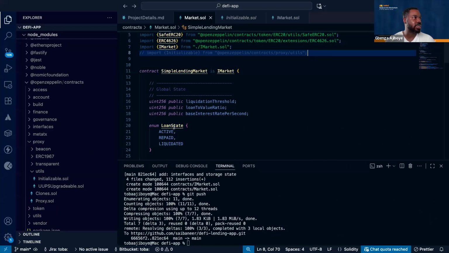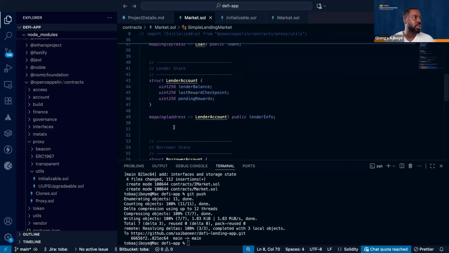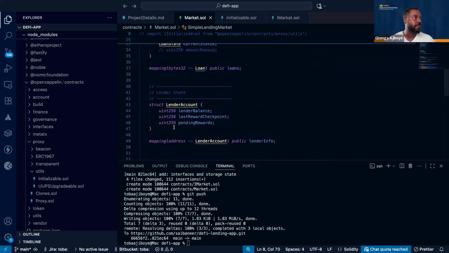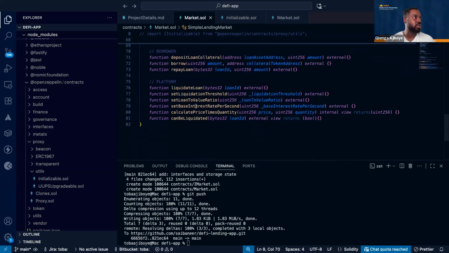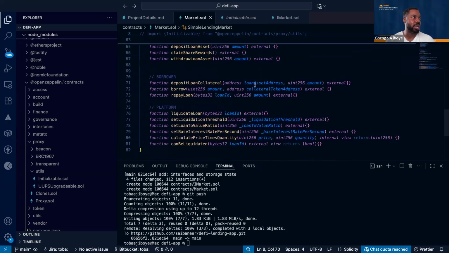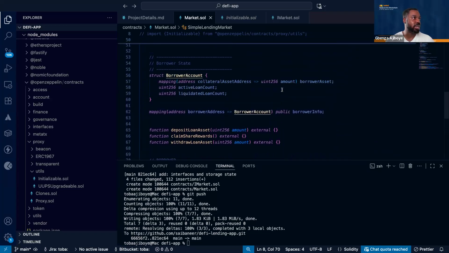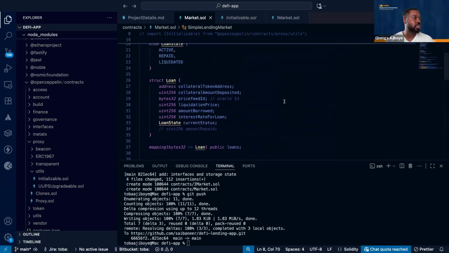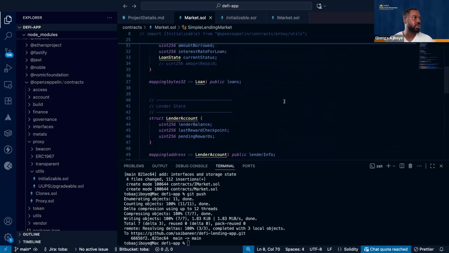So think about this: when I want to borrow, I pass in the collateral token address that I am using to borrow. Actually, I should add something here, under loans.